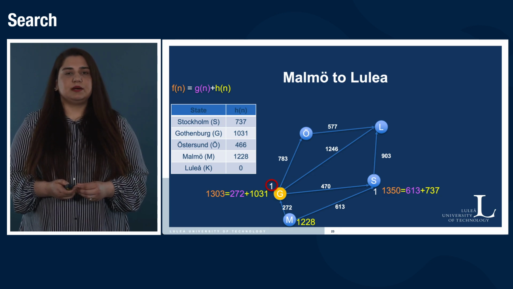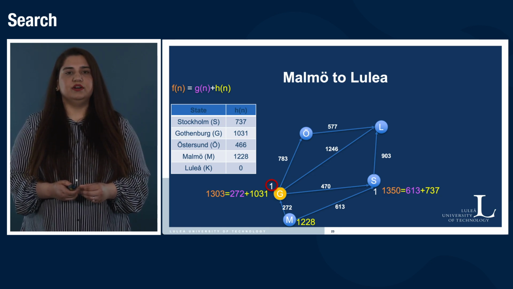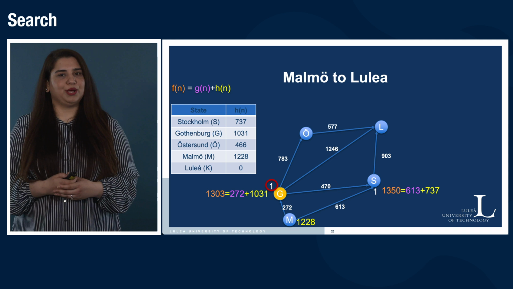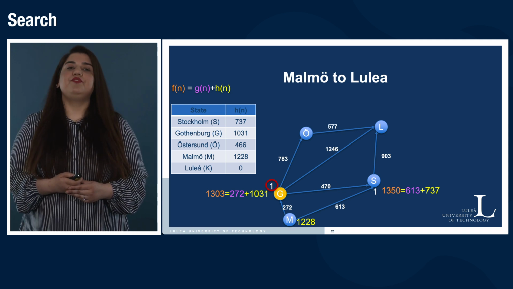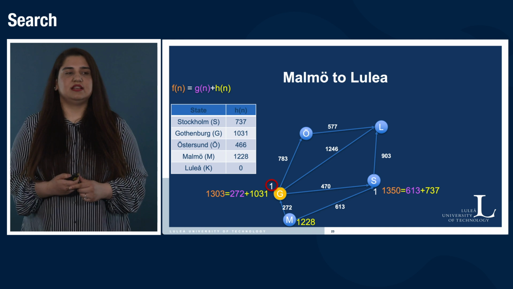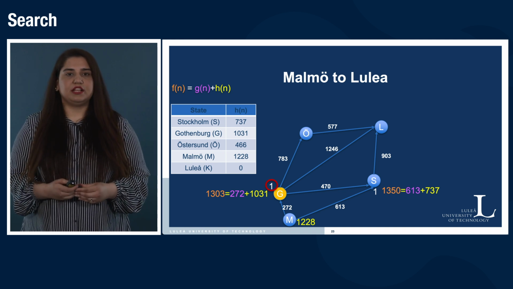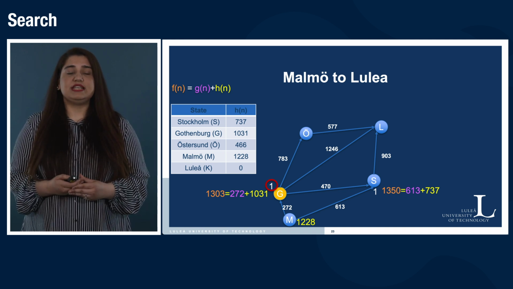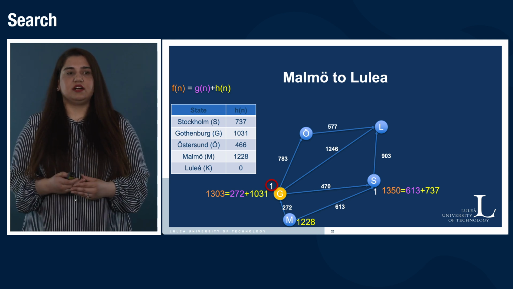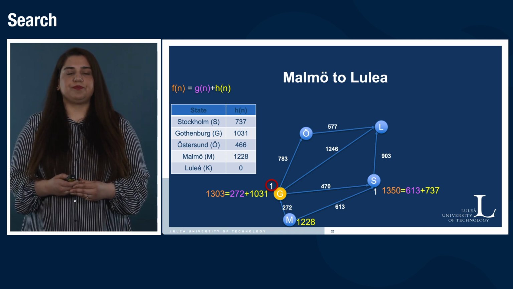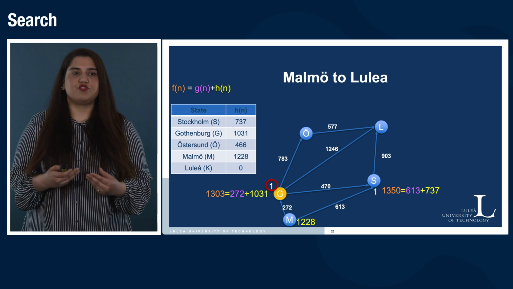So let's see an example where we are trying to travel from Malmö to Luleå, and in the table you can see we have different h of n's. These are real world values, because these can be the air distance from city to city, which is usually the cost we have to bear while traveling.